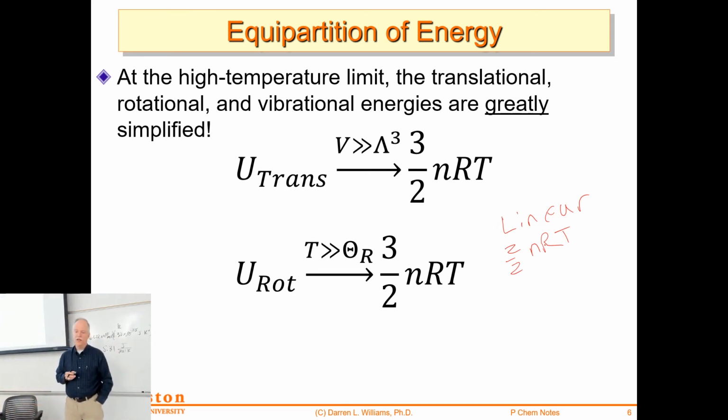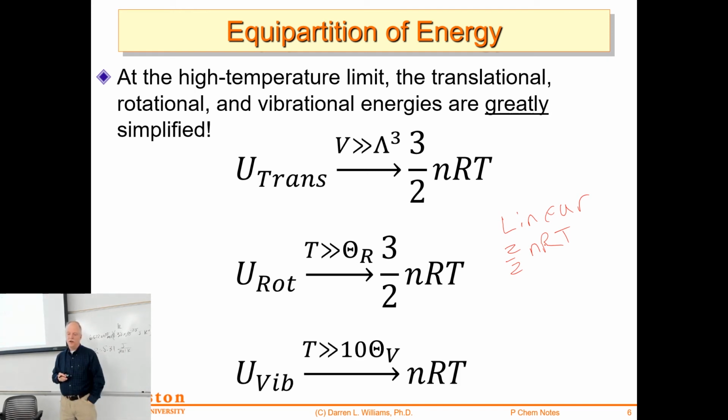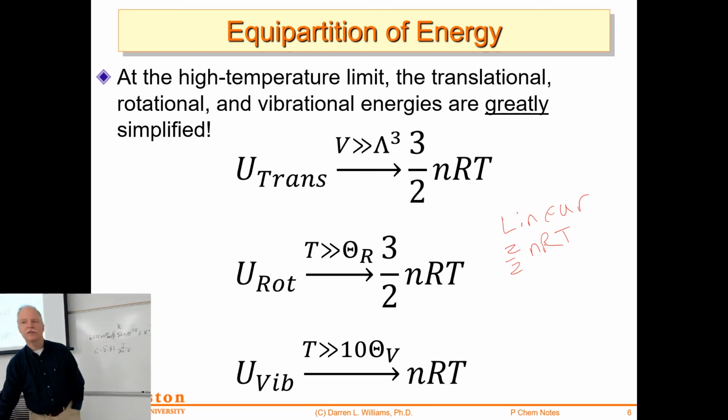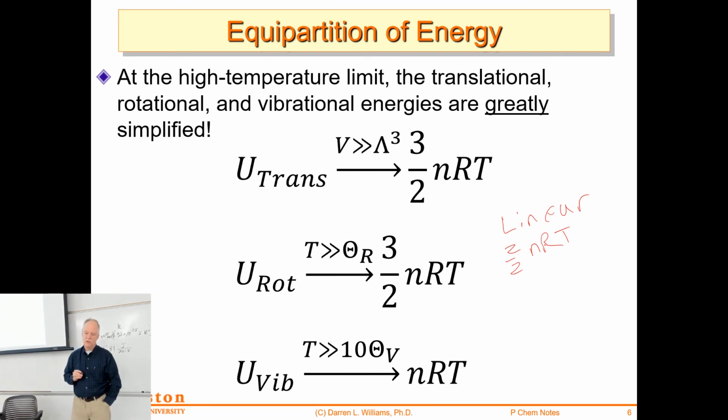Now for linear, we have 2/2 nRT, and it's the number of moles, so this gives us joules. Okay, and then the vibration. Whenever temperature is around 10 times the vibrational temperature, we have 1 unit of nRT for every vibration. So there should be 3n-6 of these. But we are almost never that high in temperature.